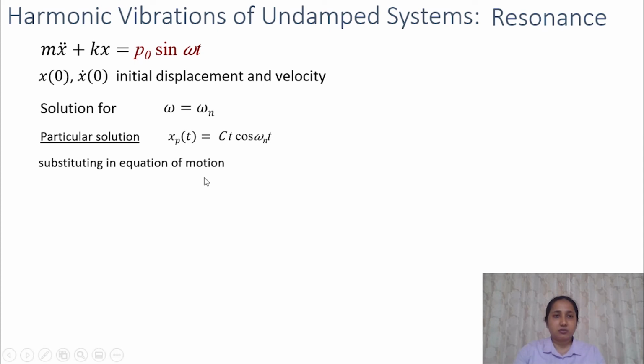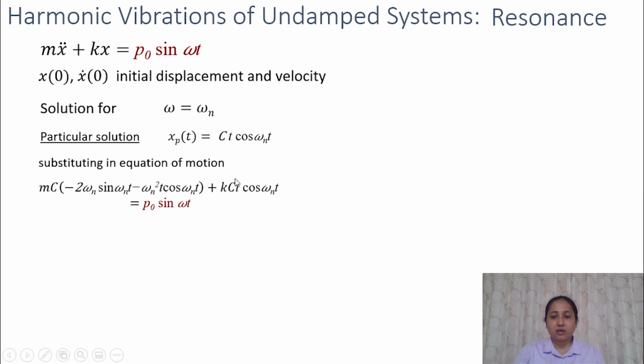So when you substitute this in the equation of motion, we will get an expression like this. Since we are solving for omega equal to omega n, this omega will be equal to omega n. So in this equation, the cos omega nt terms will cancel out each other because m omega n square is equal to k.